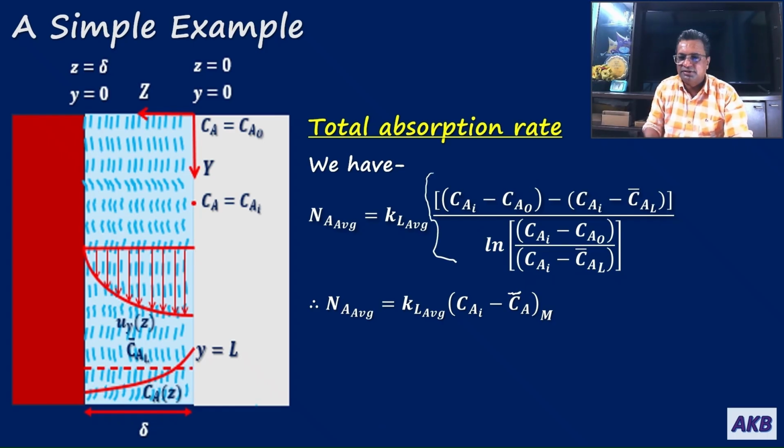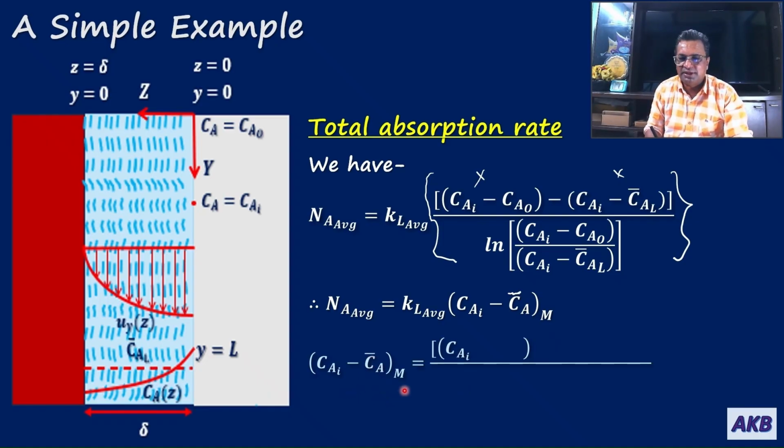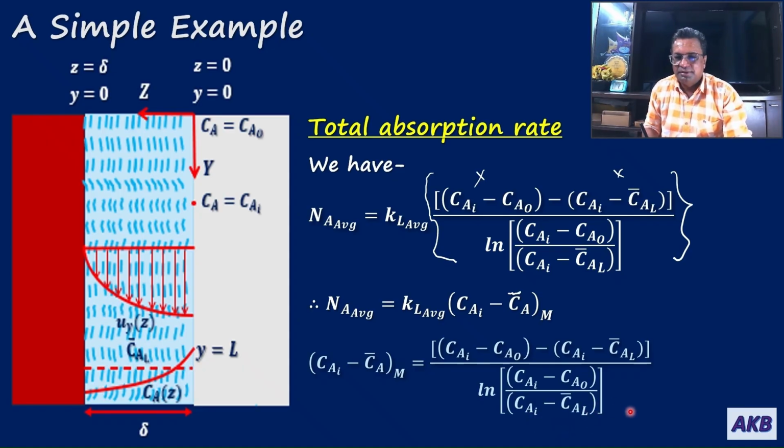This term is the logarithmic average of this term and this term, and I am denoting that logarithmic average by CAI minus CA bar m. So in this case, CAI minus CA bar m is CAI minus CA naught minus CAI minus CAL bar, divided by ln of CAI minus CA naught divided by CAI minus CAL bar.